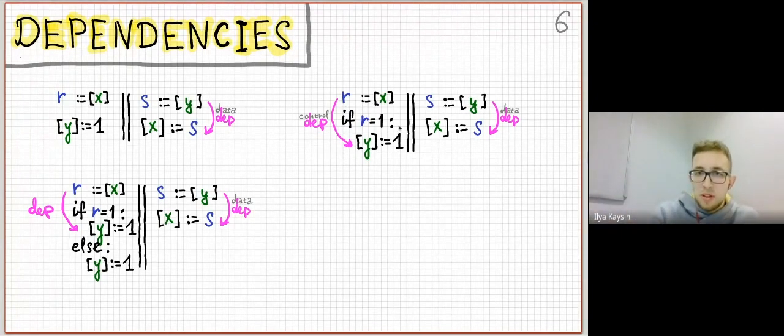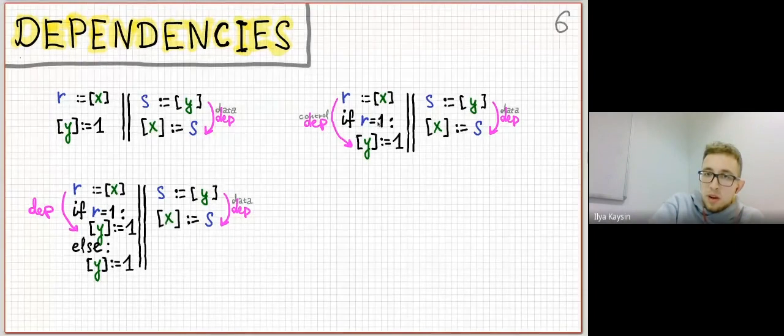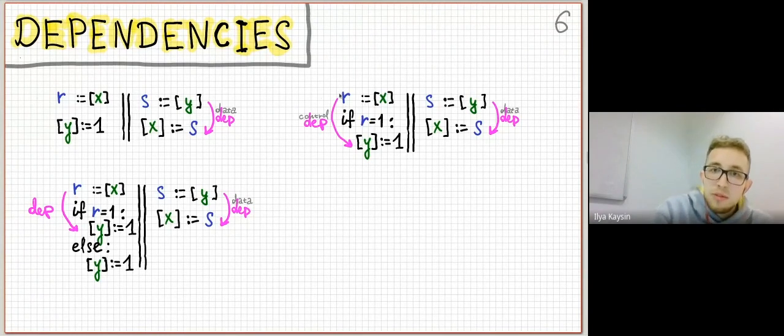Look at this program. We write 1 to y only if r equals 1, which is true only if we read 1 from x. So the fact that we write 1 to y depends on the fact that we read 1 from x, and thus we have this dependency edge from the reading instruction to the writing instruction.